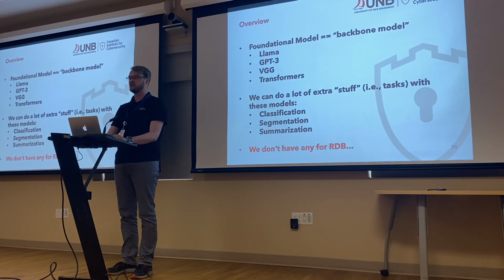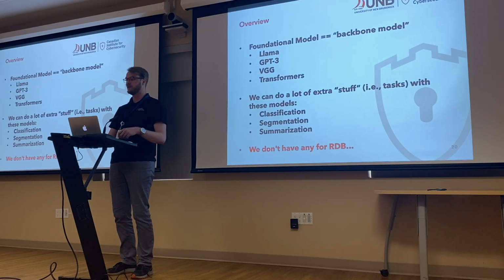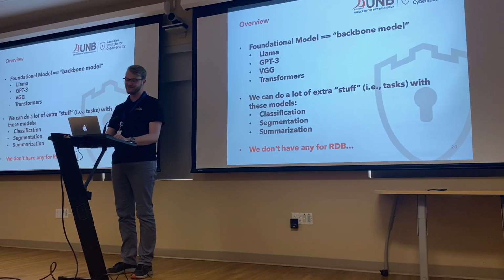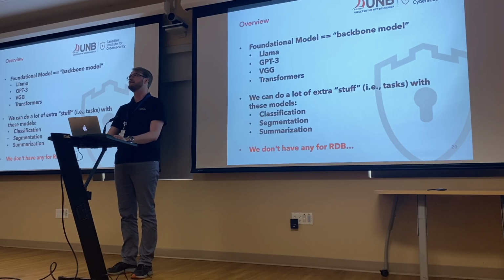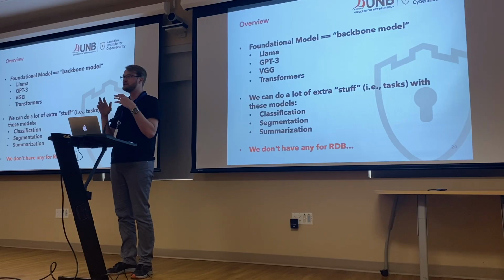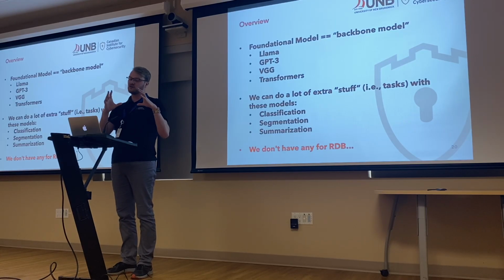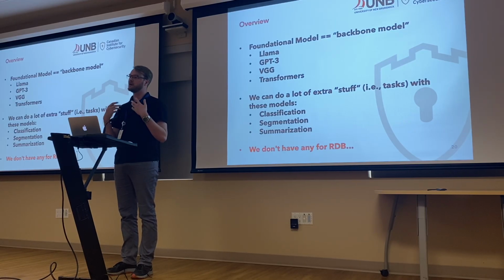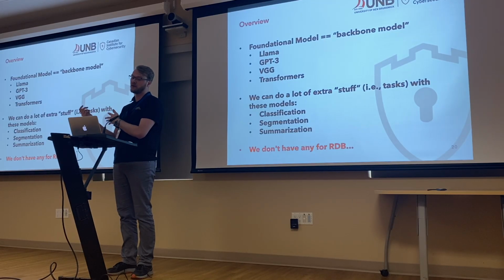Another piece of motivation is that we have foundation models, or backbone models if you're a developer. And we use these models all the time, for example in text, we might think about Llama. We use them for vision related tasks, like if we're using VGG. The main point here is not that we want these things to necessarily do the task. It's getting them to give us a representation of the thing we're working with so we can do some other task.